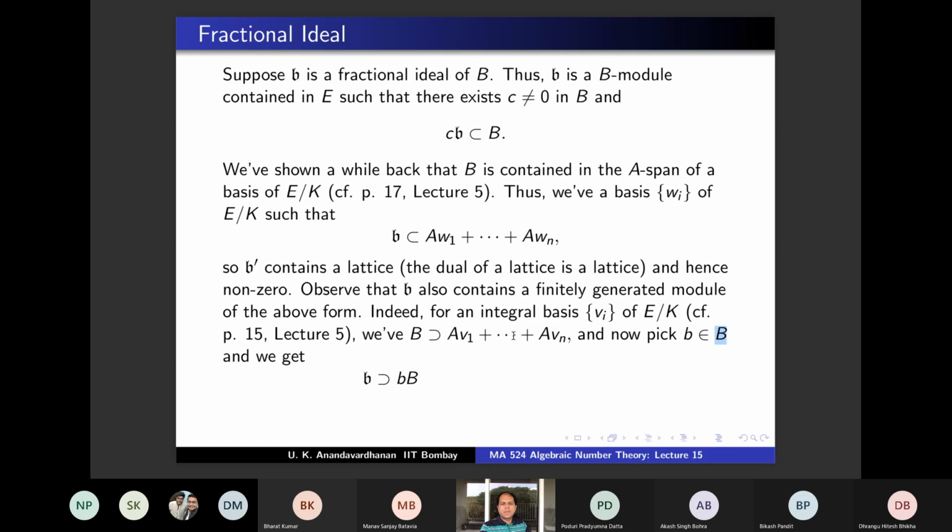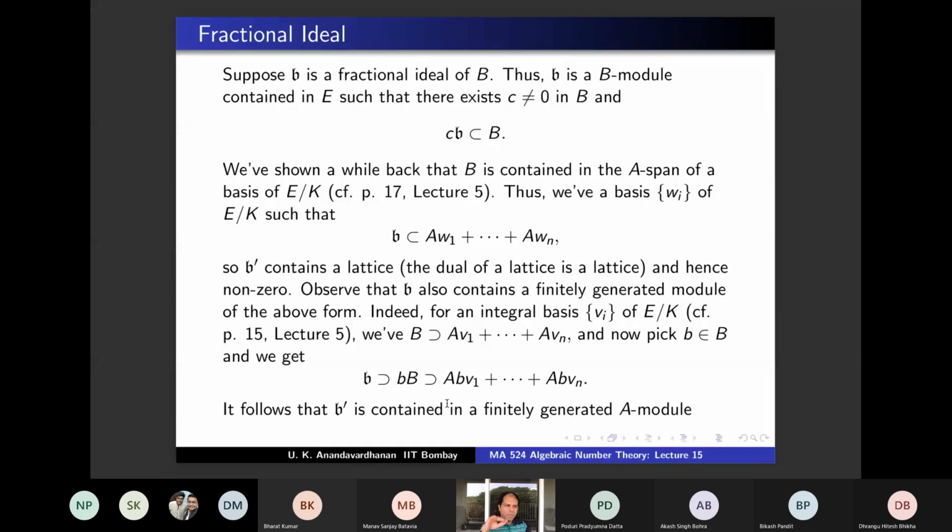And since B contains this lattice, this ideal will contain the lattice, AbV1 plus etc. AbVN. So the fractional ideal contains a lattice. So by dualizing, B prime is contained in the dual of this lattice, but the dual of a lattice is a lattice. So B prime is contained inside a lattice. In particular, B prime is a finitely generated A module.